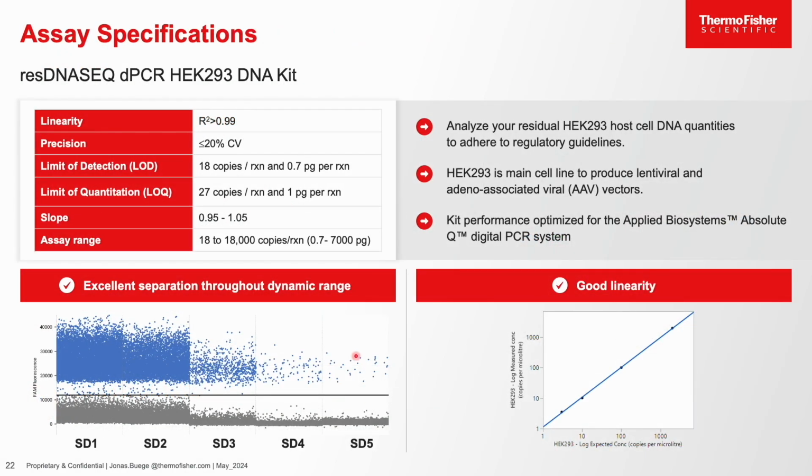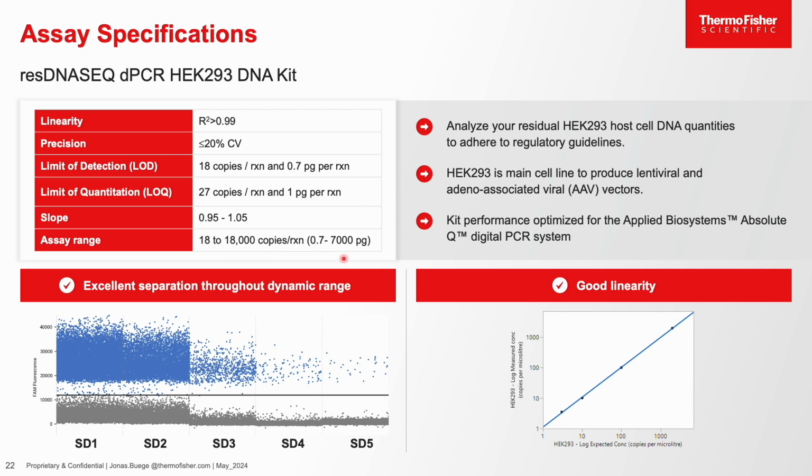The assay can be used to analyze HEK293 host cell DNA quantities to adhere to the regulatory guidelines. The performance specifications of the assay, as outlined here, is well suited for this purpose because it has a broad dynamic range, which is from 18 to 18,000 copies per reaction, which is about 0.7 to 7,000 picogram.